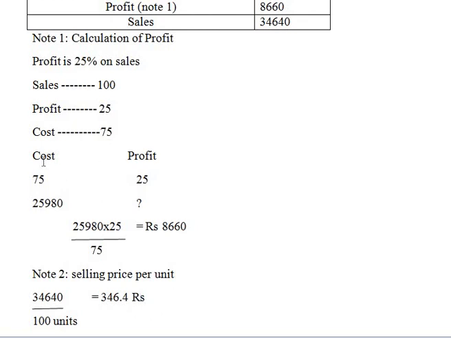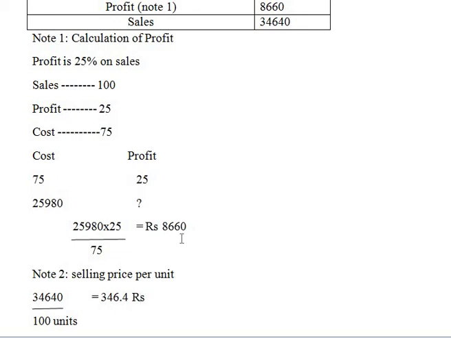Now cross multiplication: when cost is 75, profit is 25, according to the assumption. Now actually the cost we have got is 25,980 and we don't know profit, so there is a question mark. So cross multiplication: 25,980 into 25 divided by 75. So here we have got profit of rupees 8,660.